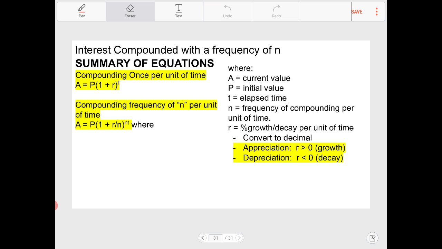So here is the summary of all the formulas that we've covered thus far. The difference between these two formulas really just rests in the frequency of compounding.